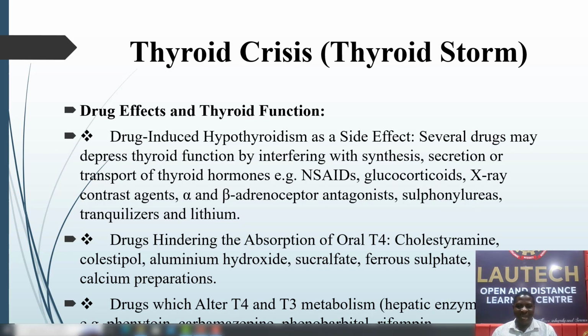Then drugs which alter T4 and T3 metabolism. These are hepatic enzyme inducers. Hepatic enzyme inducers can alter the metabolism, and these are very, very important to take note of.